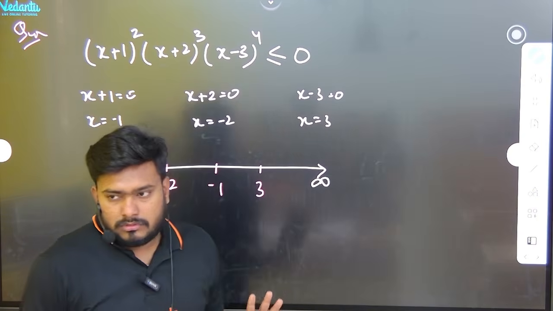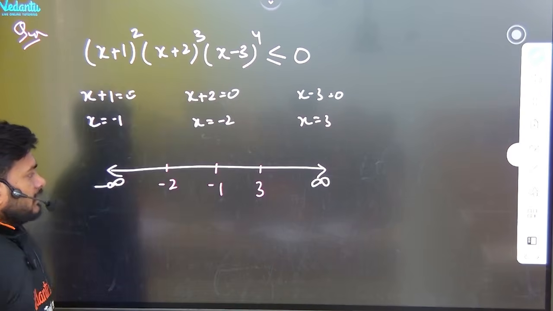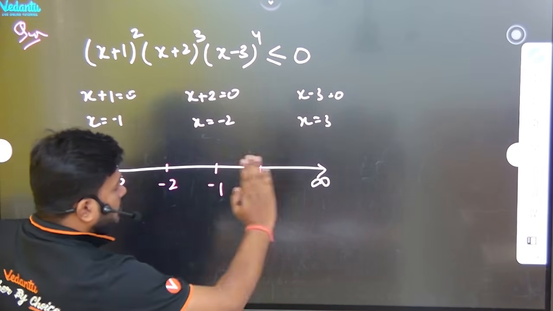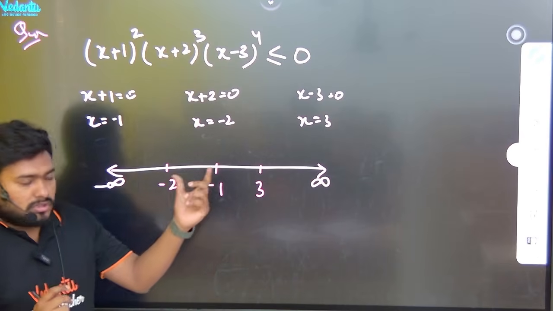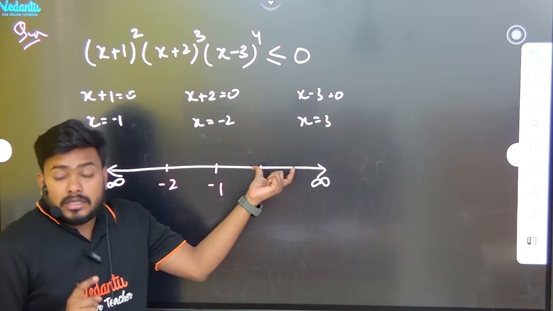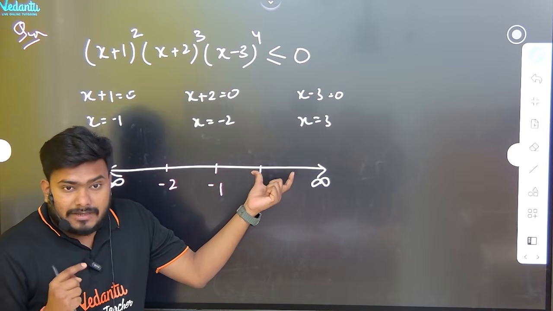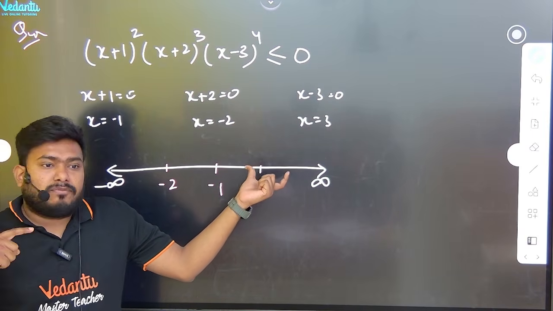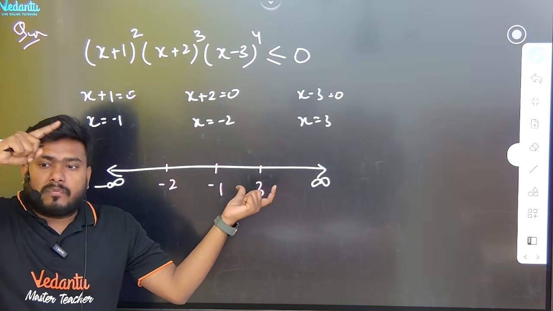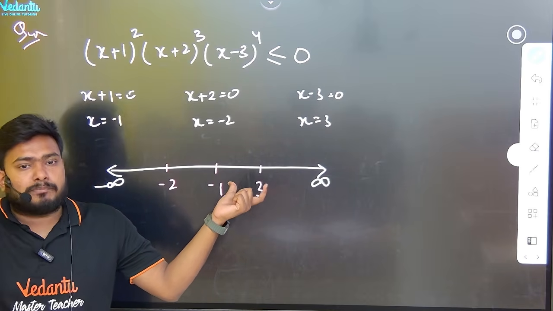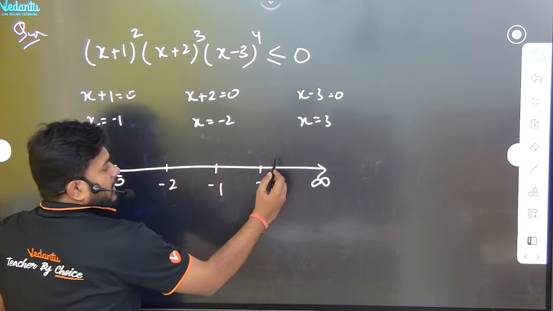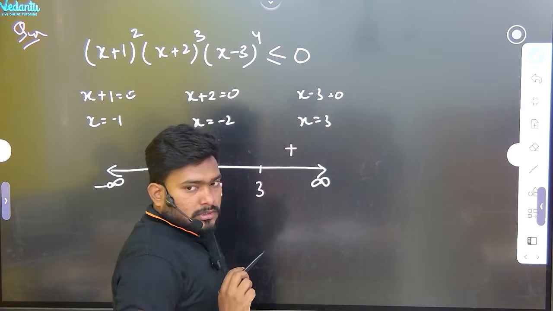Now next step says, I will always start with my rightmost interval. Who is the rightmost interval? Rightmost interval is after 3. And what symbol should I put here? Plus. In which condition can I put plus? If I have followed all the above steps. Which steps? The coefficient of x has to be positive in each factor. Then I can make it plus.